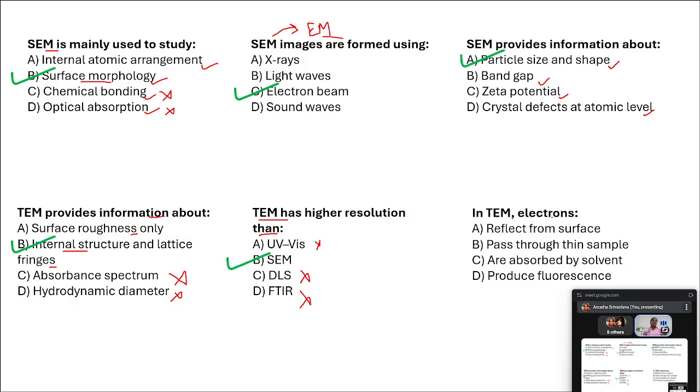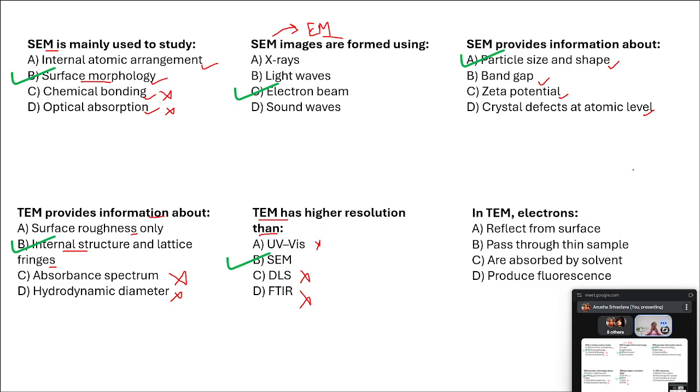So in transmission electron microscopy, do electrons reflect from surface, pass through thin sample, get absorbed by solvent, or produce fluorescence? Right, this one we have very clearly discussed.